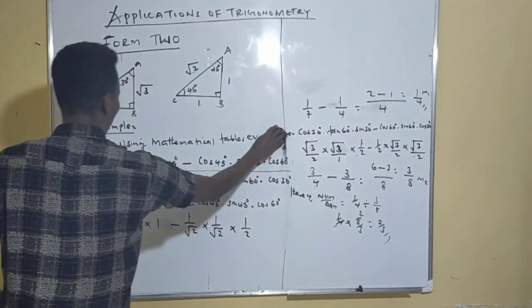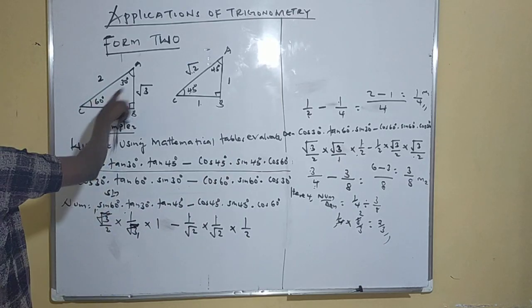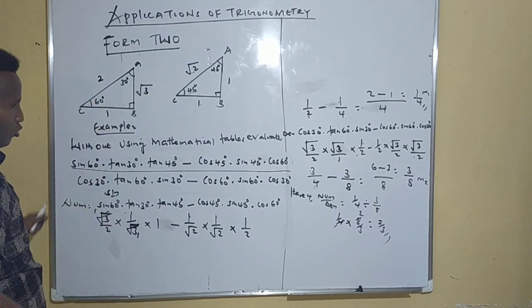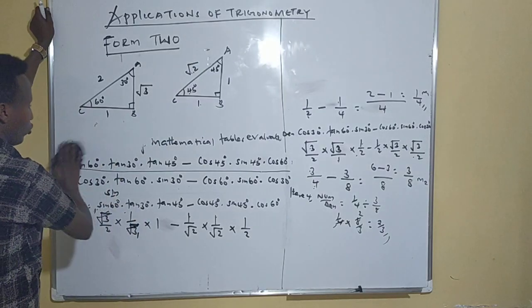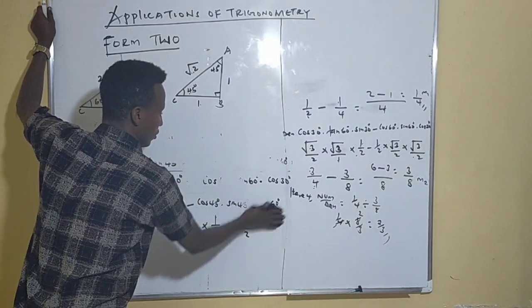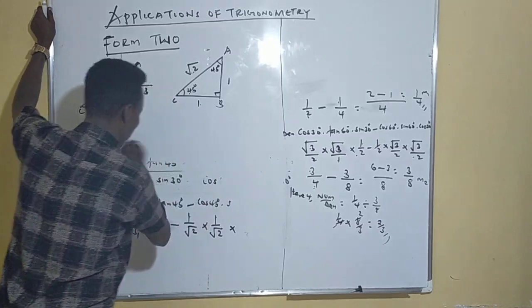So let's go to example 3. I hope you are getting this thing. We are getting the values from these two triangles. Then it's a matter of substituting. Yes, understand that. So we'll go to example 3.